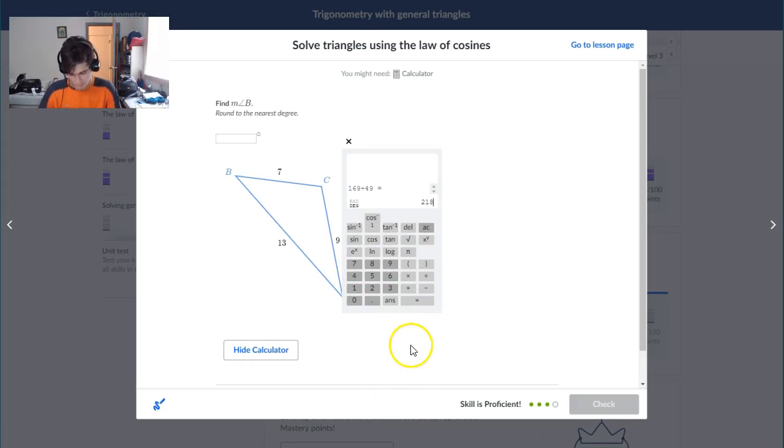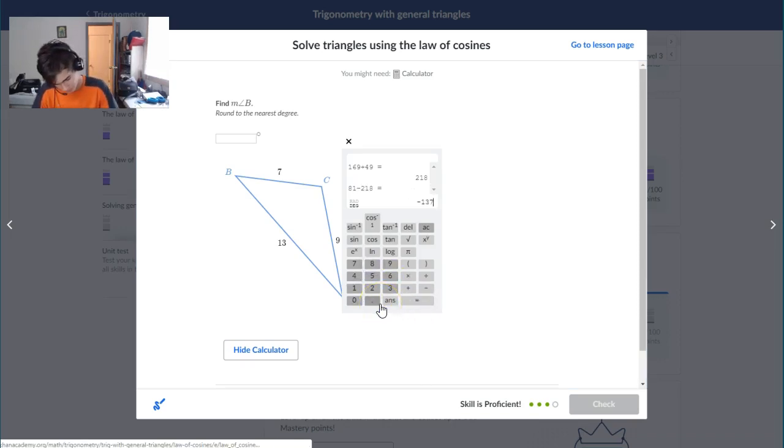Okay, so next we are going to set that equal to 81 as it was before and subtract 218 from each side. So that gives us 81 minus 218. And let's see, negative 137 equals negative 182 cosine theta.